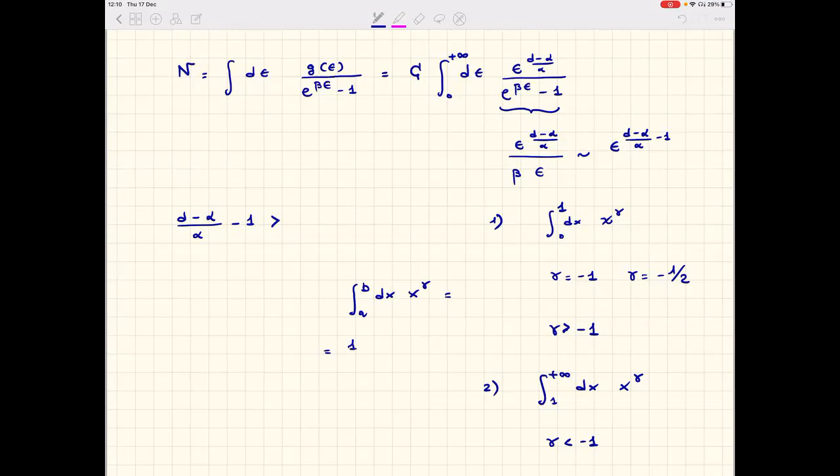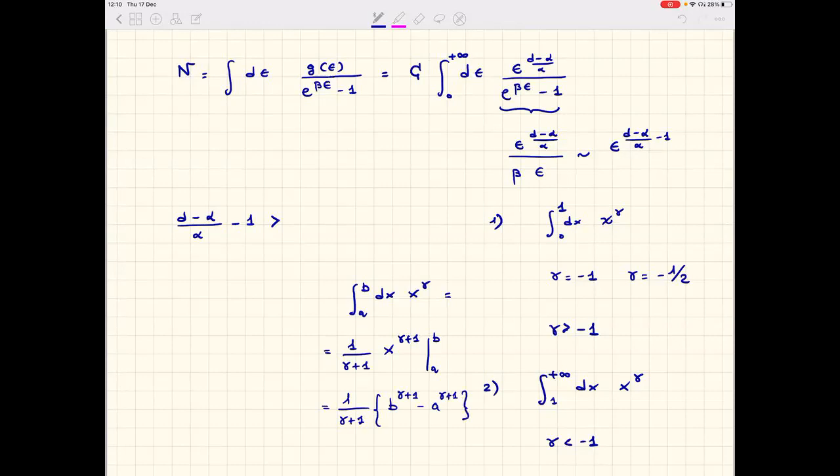It is 1 over gamma plus 1, x to the power gamma plus 1, right? And then you have to evaluate it between a and b. And then you see that this is 1 over gamma plus 1, b to the power gamma plus 1 minus a to the power gamma plus 1.